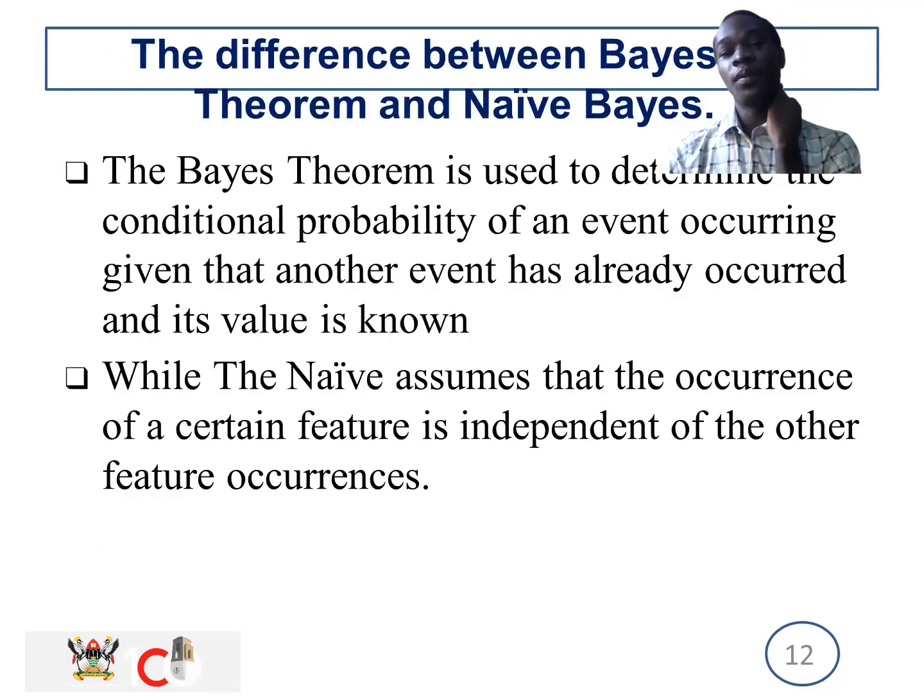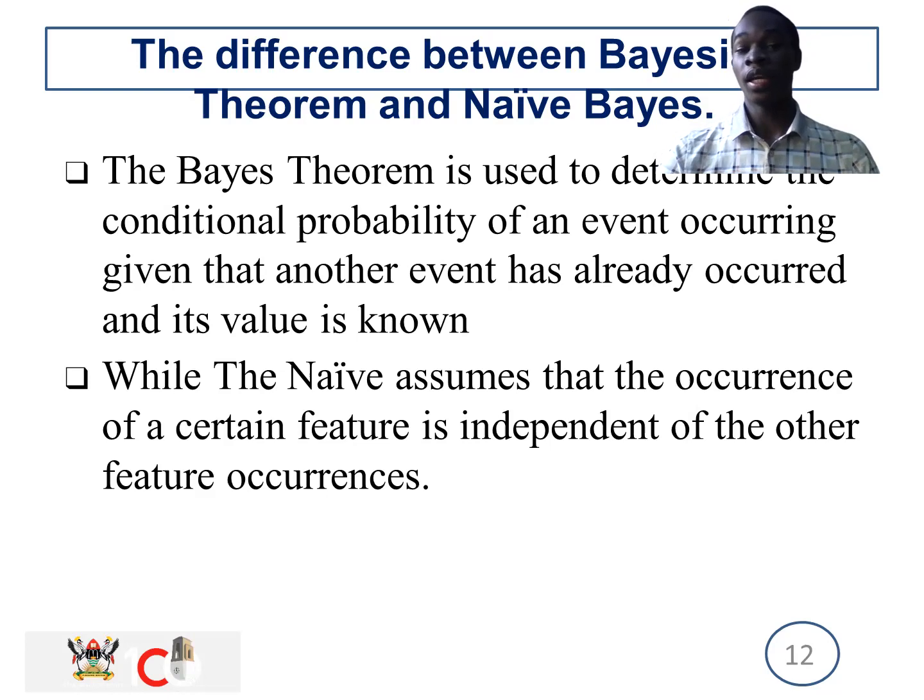Then the difference between the Bayesian theorem and the naive Bayes is that the Bayes theorem is used to determine the conditional probability. It means that to know the probability of A given B, we must have another condition known for it to be determined for an event occurring.